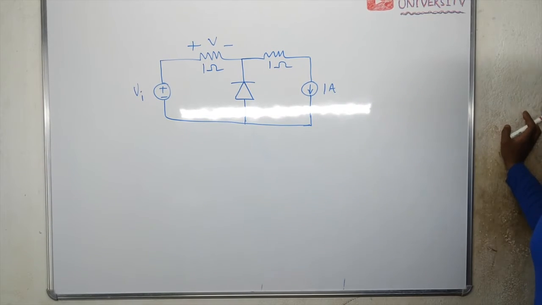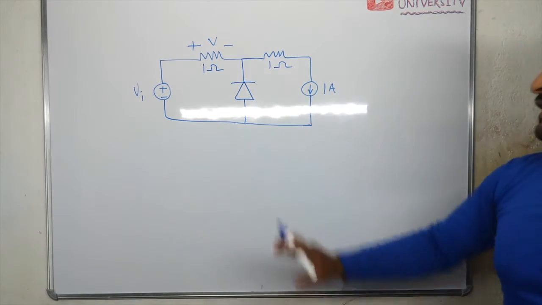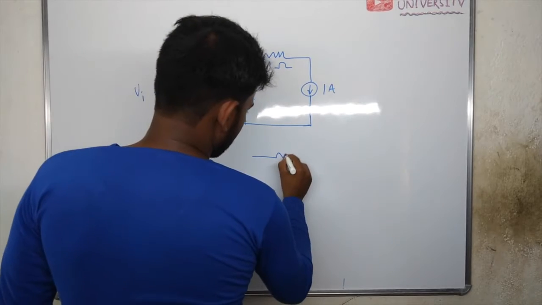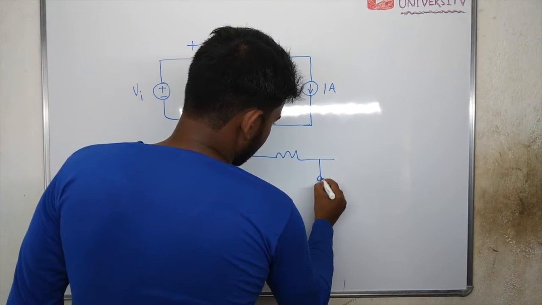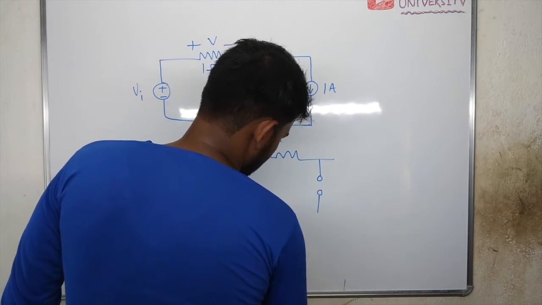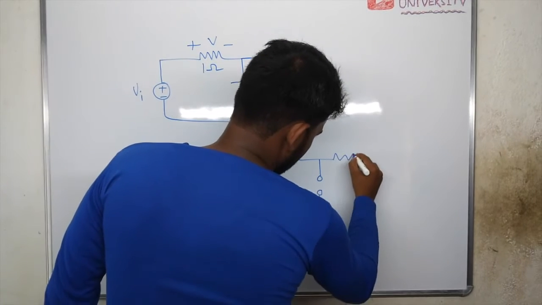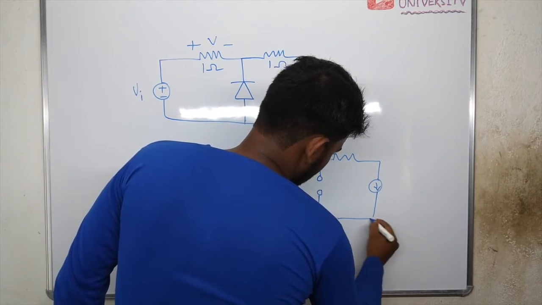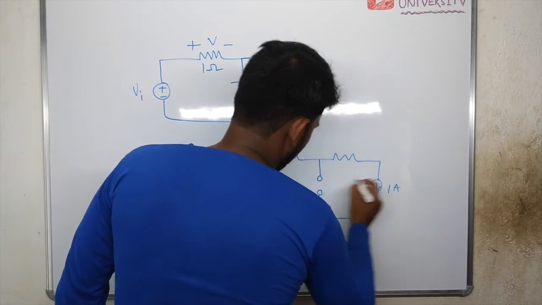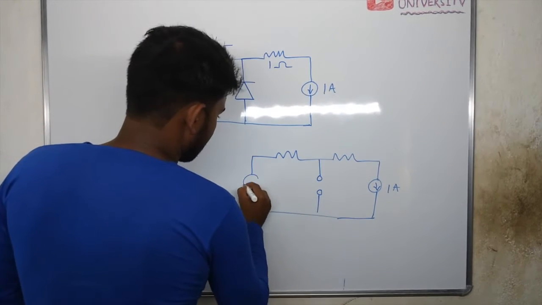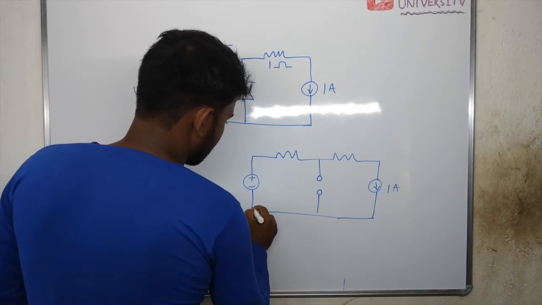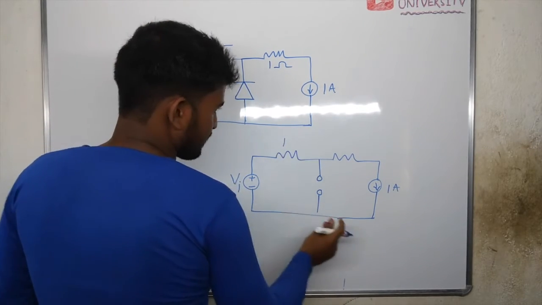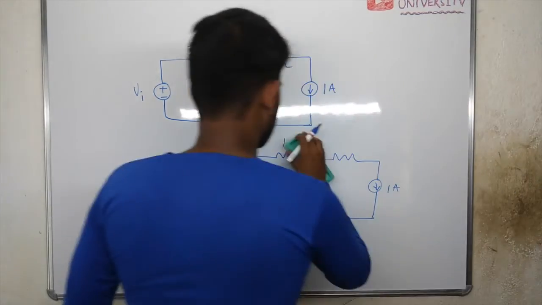Now first do the open circuit test. Let the diode be off. This is 1 ampere and this is your Vi.